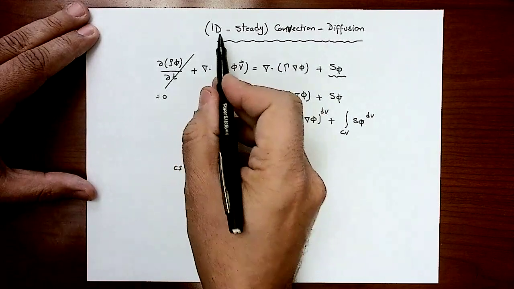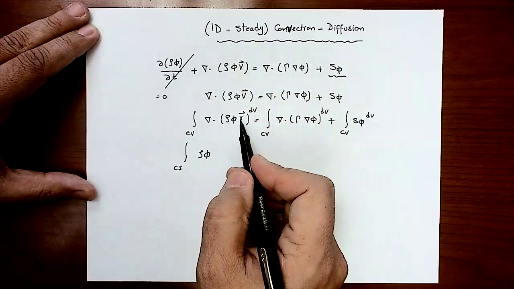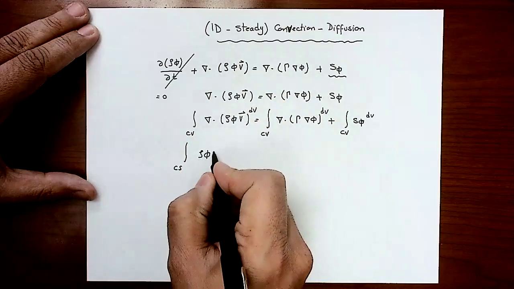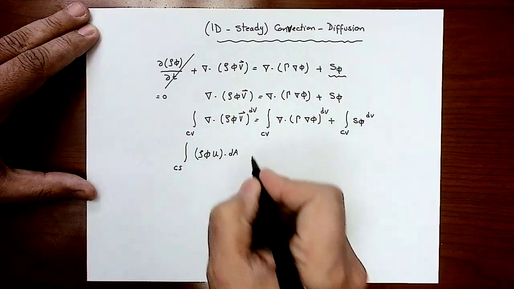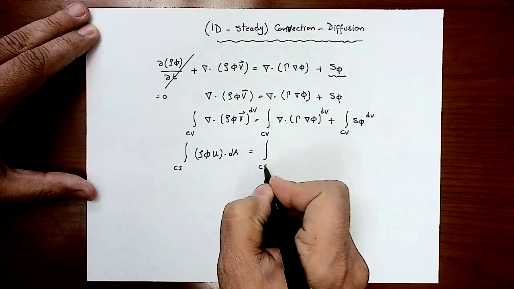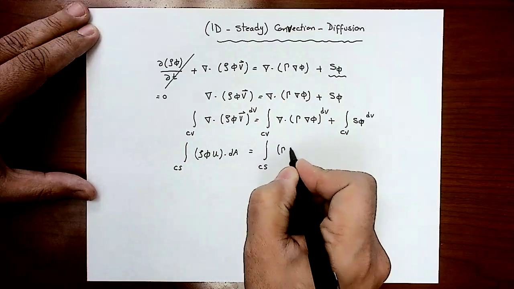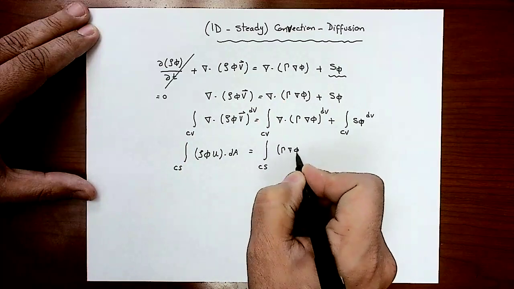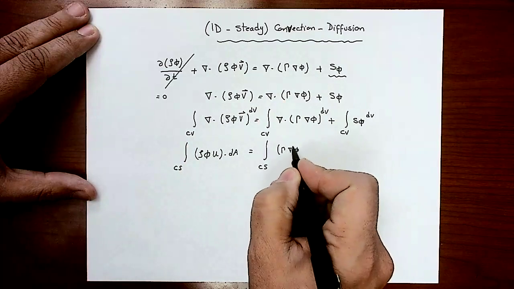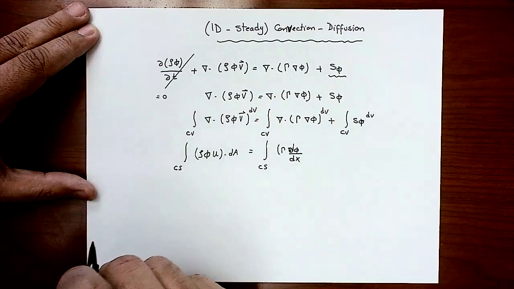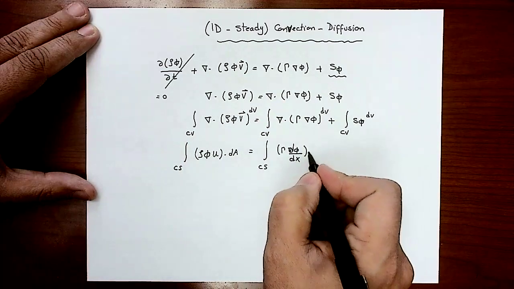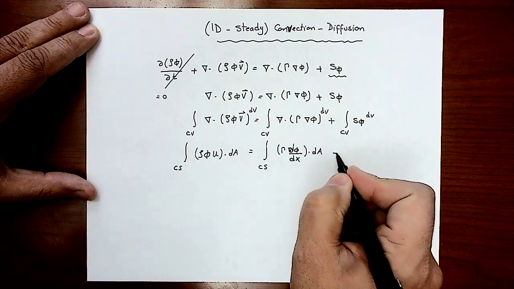And since we are doing one dimension, the velocity vector v will be only actually u, and this is totally dot dA. This should equal the summation over the control surface of kappa nabla phi. Nabla phi also is going to be one dimension, so I will write it down as d phi by dx. Right, and this is totally dot dA plus.